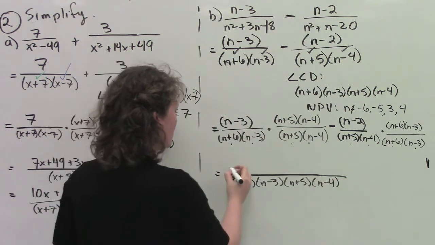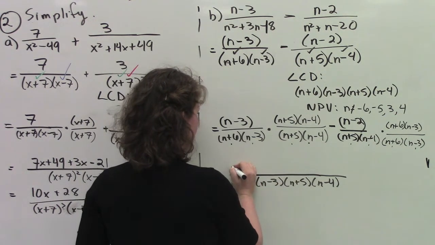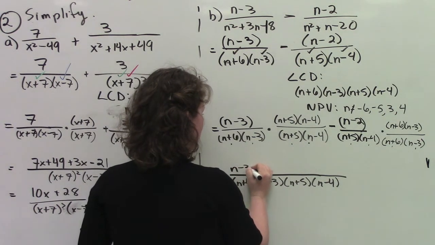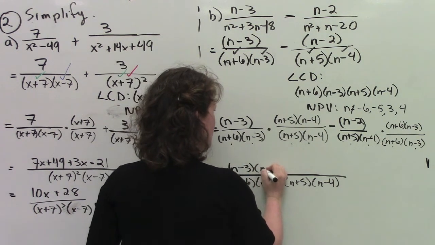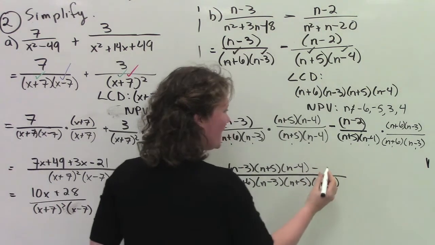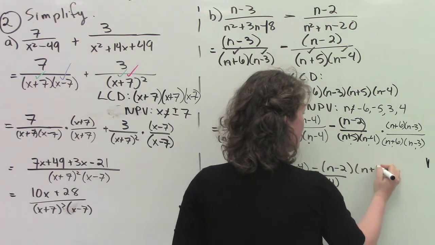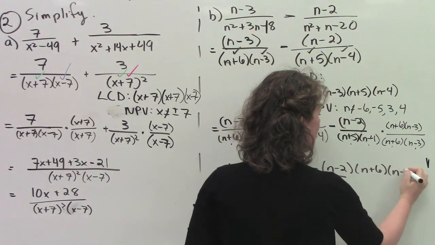So what do we have here? I'm going to keep them all in their factored little bits so we can see if we can cancel anything out. n minus 3 times n plus 5, n minus 4, minus n minus 2, n plus 6 times n minus 3.